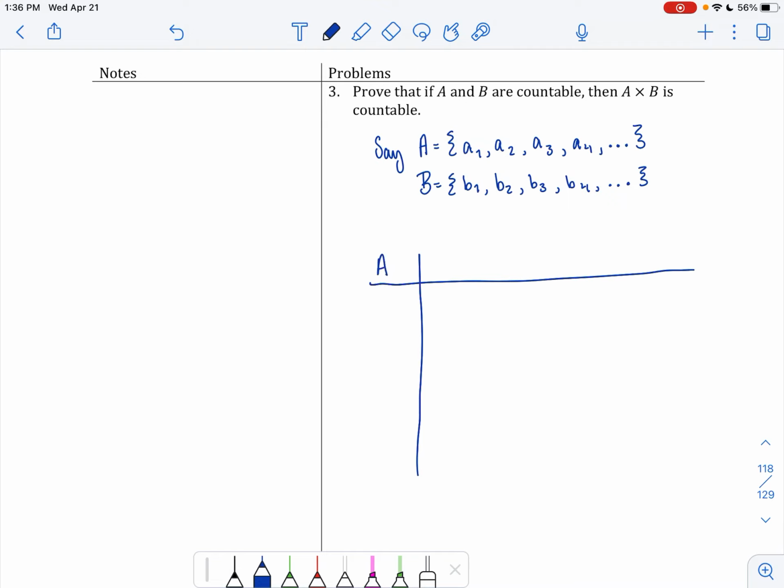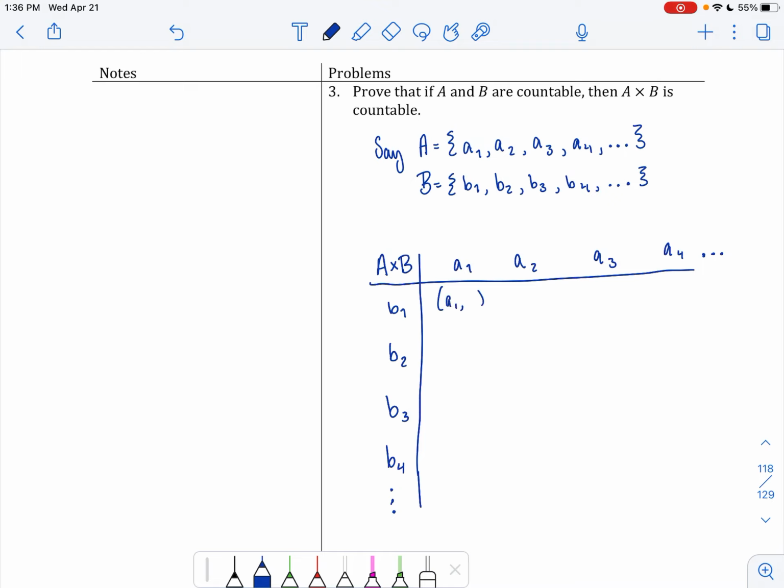So I've got my product, and I've got my A's, A1, A2, A3, A4, then B1, B2, B3, B4, and so on. And the products are always going to be ordered pairs.